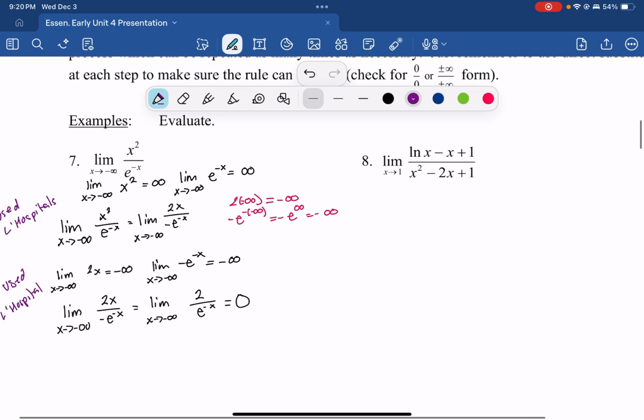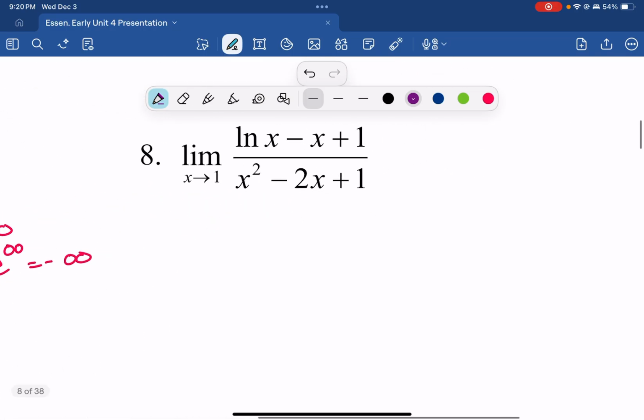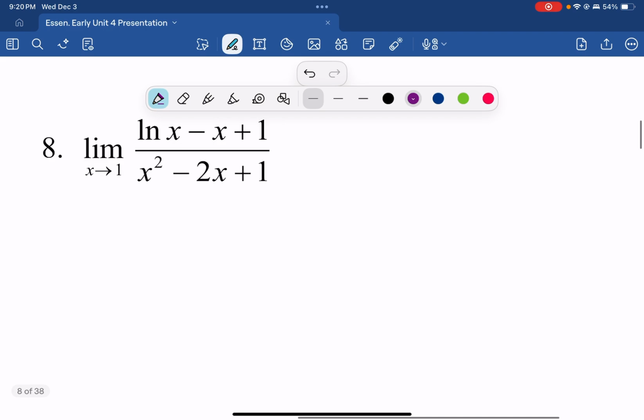Okay, let's look at our last example, number 8 here. So we've got the limit as x approaches 1 of the natural log of x minus x plus 1 over x squared minus 2x plus 1. So the limit as x approaches 1 of the natural log of x minus x plus 1.